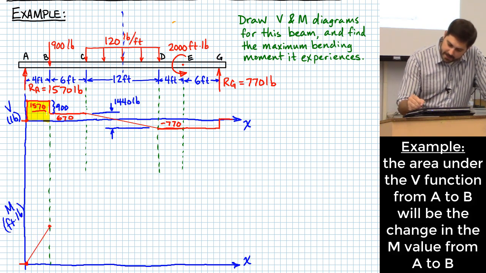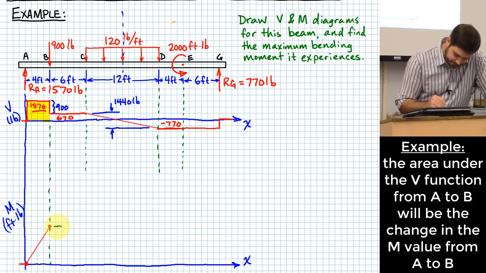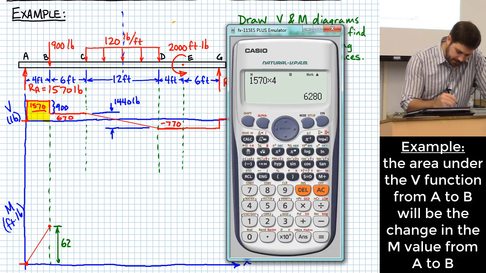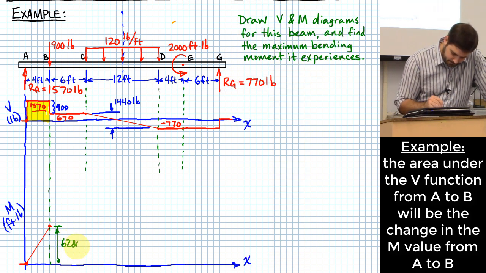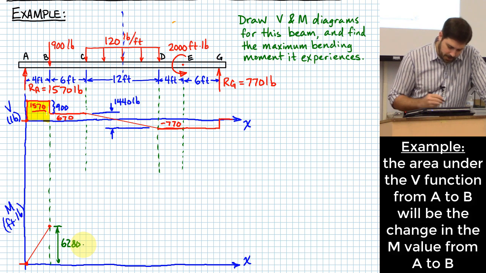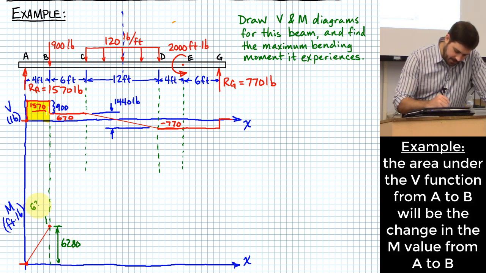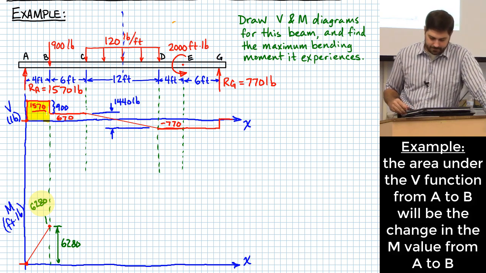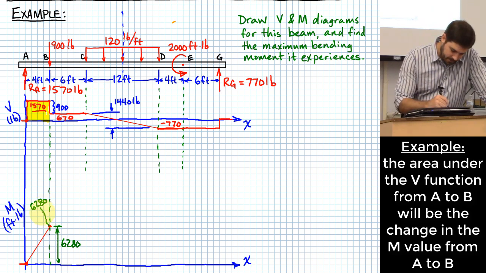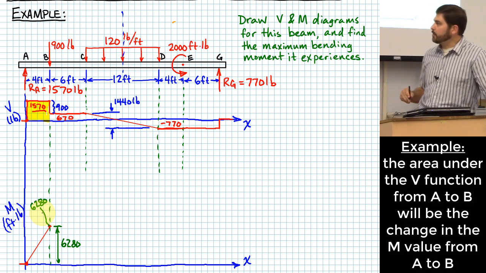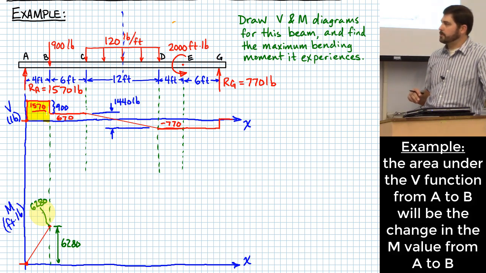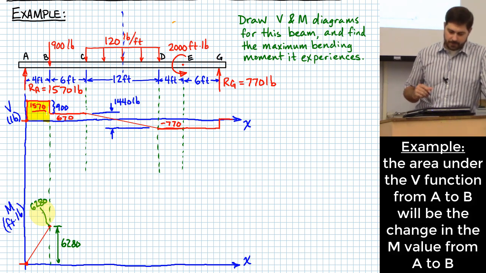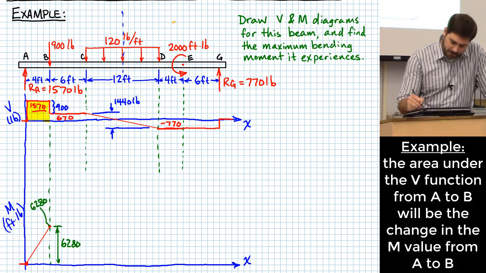The difference in height that we'll have right there is going to be that 6,280, was it? Okay, which means that the value right here is 6,280. Right? That's what that point right there, the value of that point is 6,280 foot-pounds. All right. Now what happens on this curve?